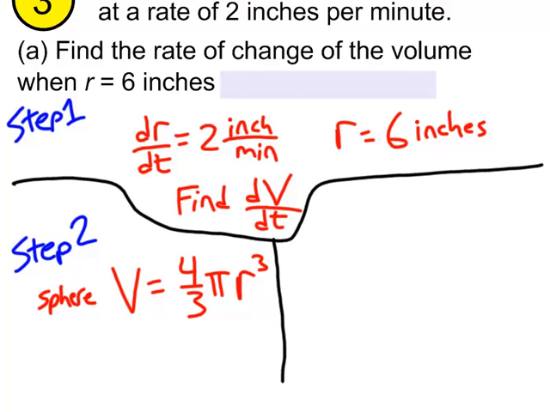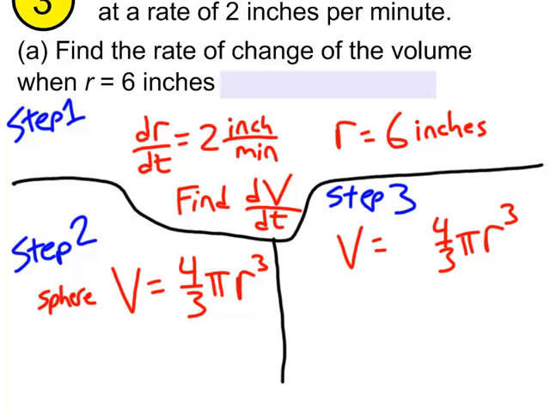And let's do step 3 over here. And step 3 would be to take that v equals 4/3 pi r cubed and to differentiate it with respect to time. d over dt, d over dt.